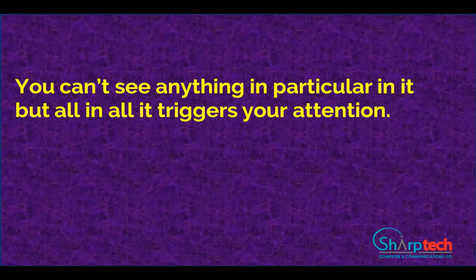But most of the time, that texture should be able to capture your attention the moment you look at it. Are you okay with that statement? Have you understood it?